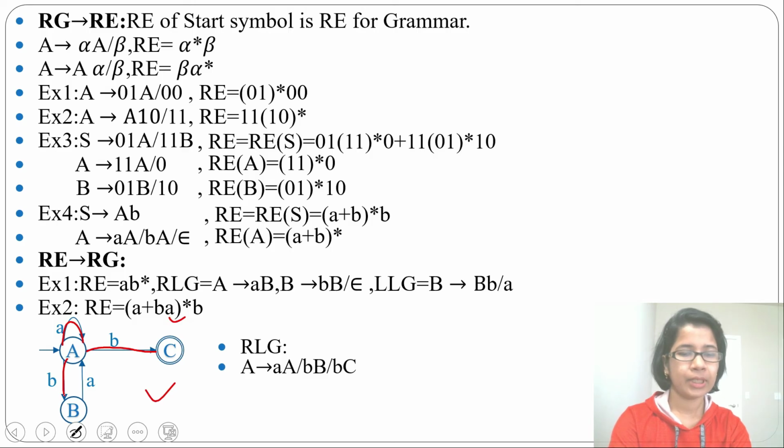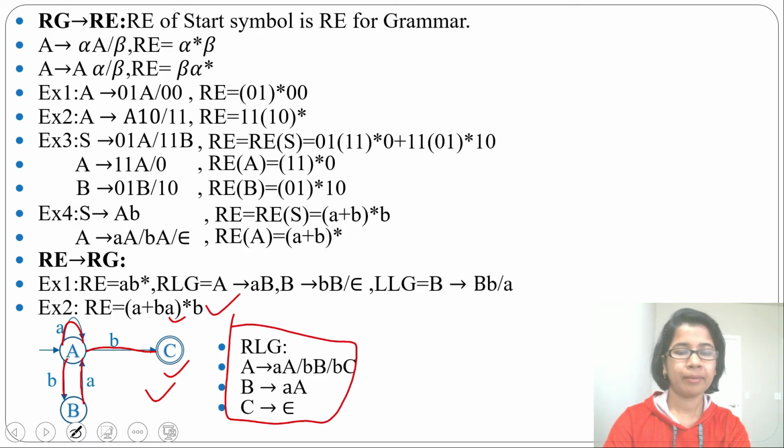Then we'll do state B. From B there is just one out degree, it goes to state A by a. Next we'll do state C. State C is the final state and there is no out degree, so there will be just an epsilon transition from C. C tends to epsilon. This is the right linear grammar for this regular expression.